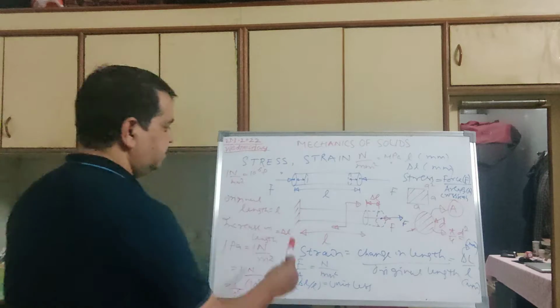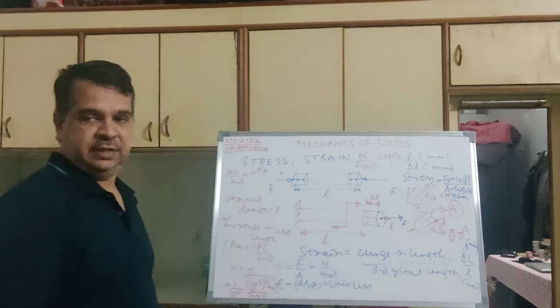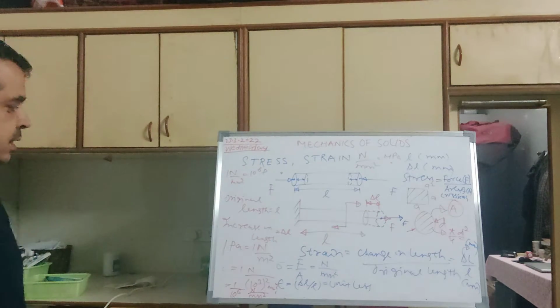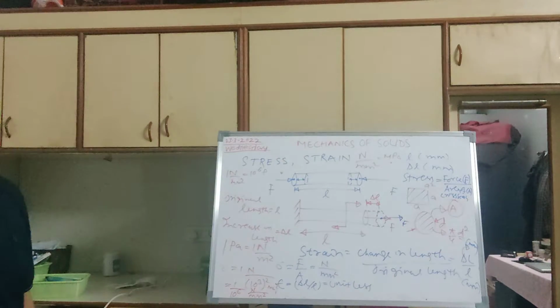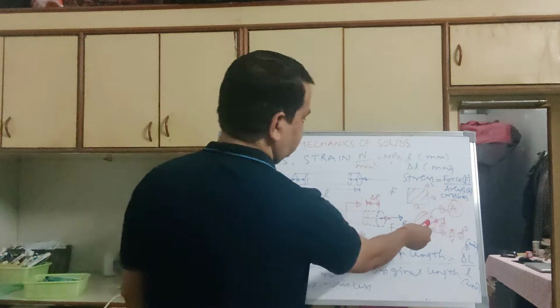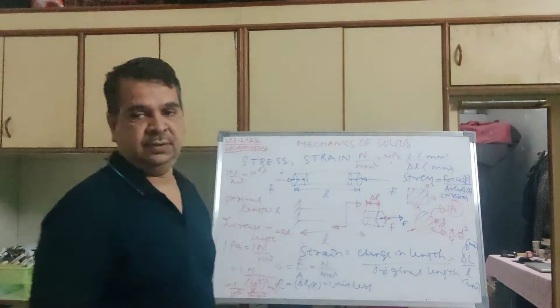This is a rod of length L, which when subjected to tensile force F, gets extended by a distance delta L. If you see from the side, it is a circular area and the diameter of this rod is D. So the area of cross section is pi by 4 D square.